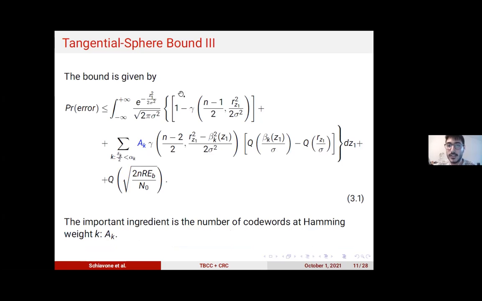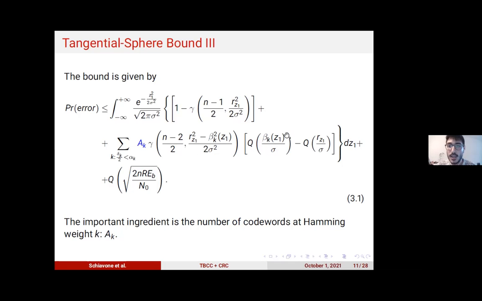This is the component that's telling us that we are outside the n-dimensional cone. In the second line there is the term that is telling us that we are inside the cone, but in that small area for which we decode wrongly.